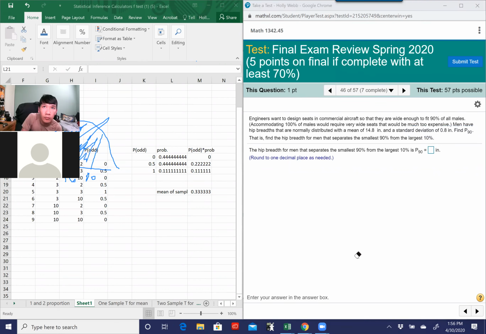So this is a good one. Let's see what it is. We might have to draw a picture. What chapter is this? Let me read it here. Maybe you can tell me what chapter you think it is.